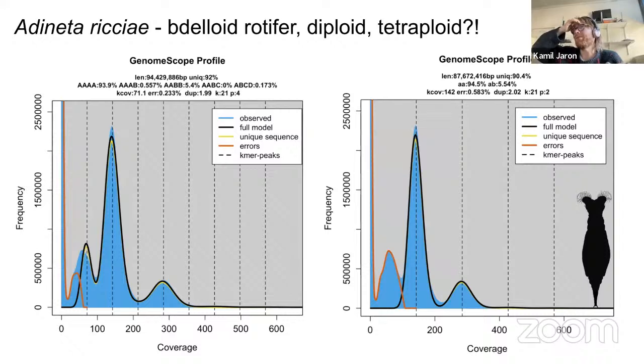This is a bdelloid rotifer, Adineta ricciae, and I just want to show that because nobody actually has a good explanation for that. Me and Ruben Nowells have spent hours staring at this plot, fitting millions of different models and discussing what it could possibly be or mean in the context of this genome.